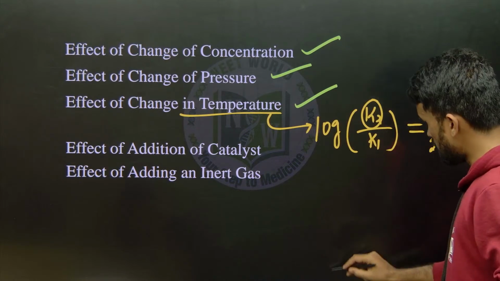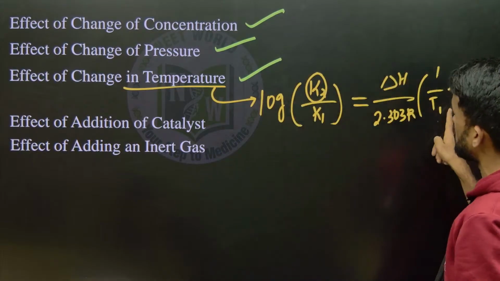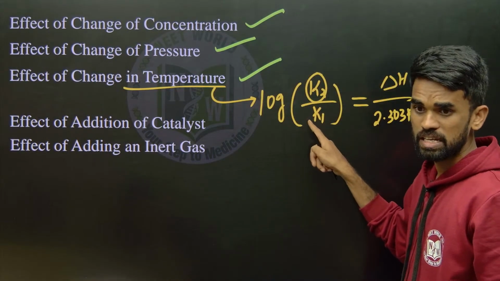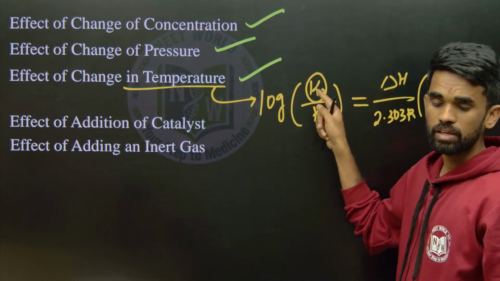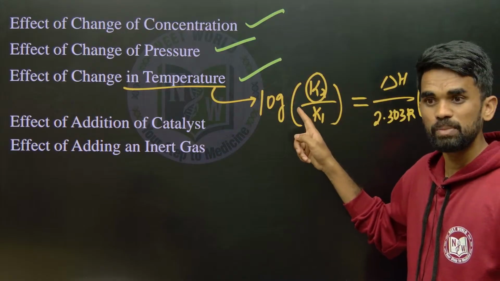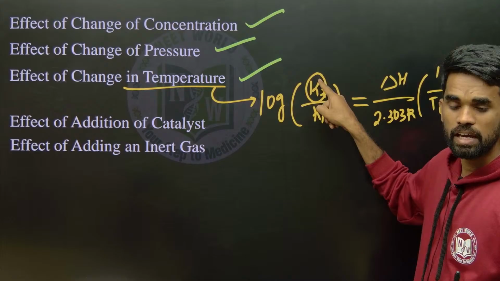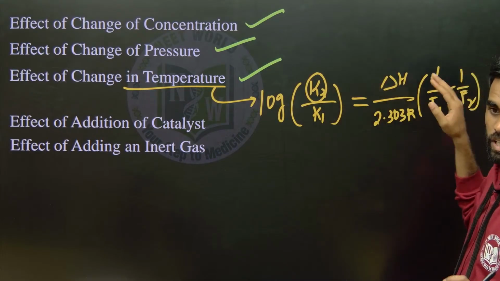Here at temperature T1 we have equilibrium constant K1, at T2 it is K2. It means if you change the temperature, the value of the equilibrium constant also changes. That's why we have K1 and K2 at temperatures T1 and T2 respectively.